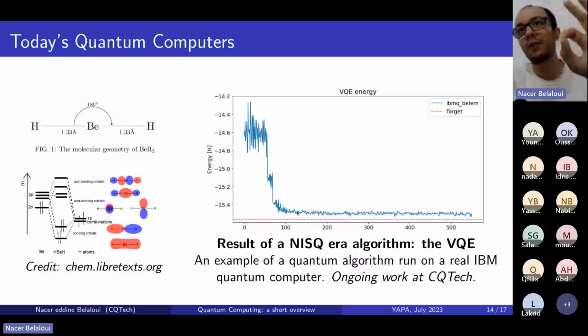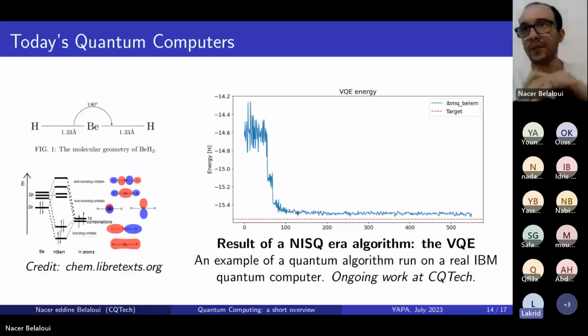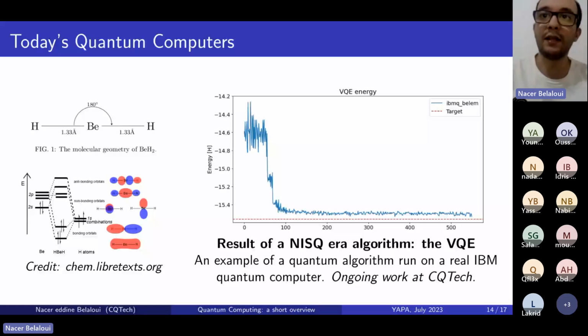But again, this is a very simple algorithm with no post-processing for noise or anything, and there is no optimization. And it's run on a quote-unquote bad quantum device. But still, we do get some meaningful results. So we know that quantum computers today do give some results, but they are not yet better than classical computers.